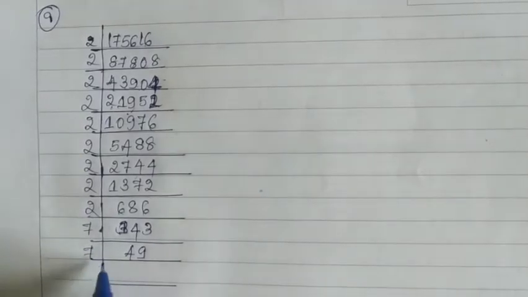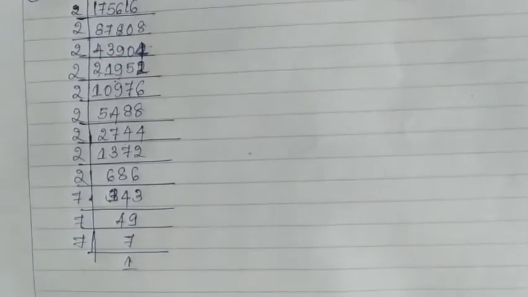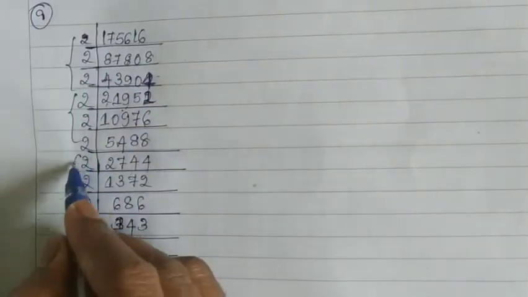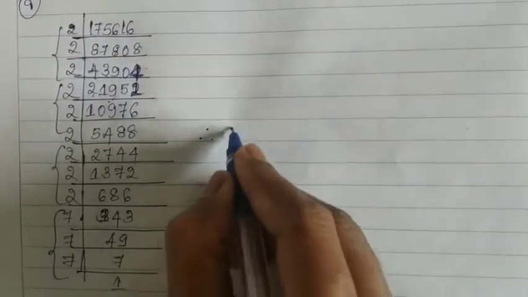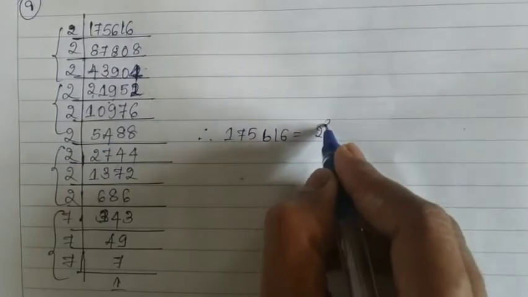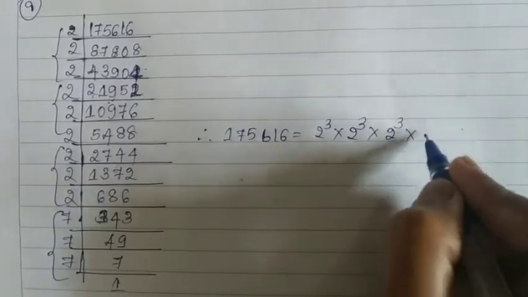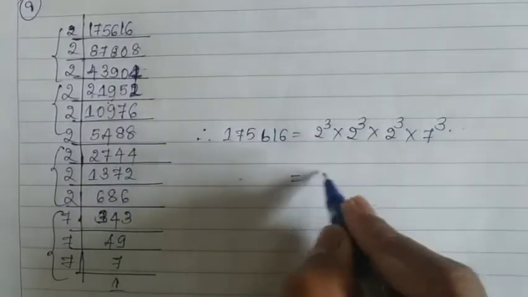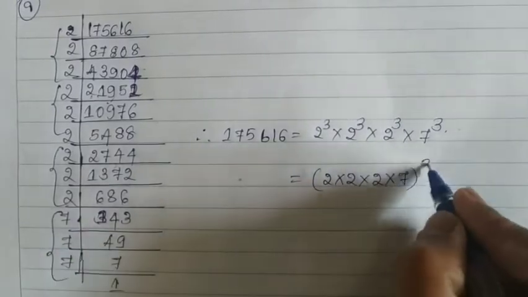Now start again with the 7. 7 7s are 49. 7 ones are 7, like this, and grouping the numbers. Now let us write 1,75,616 is equal to 2 to the power of cube into 2 to the power of cube into 2 to the power of cube into 7 to the power of cube, and write all inside the bracket and put the common power.